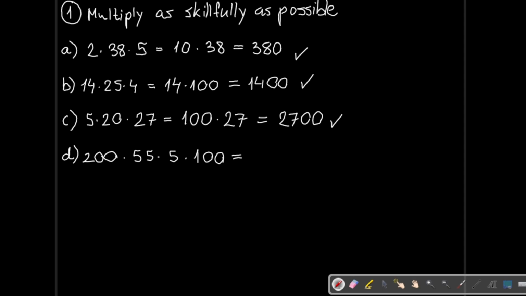By multiplying these two, that gives us 1000. So we multiply 5 and 200, that gives us 1000. And then 55 and 100 remain. And now that means that we need to add a total of 5 zeros to 55.